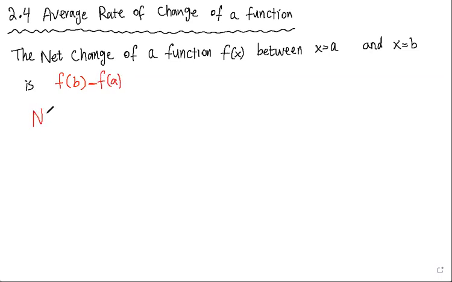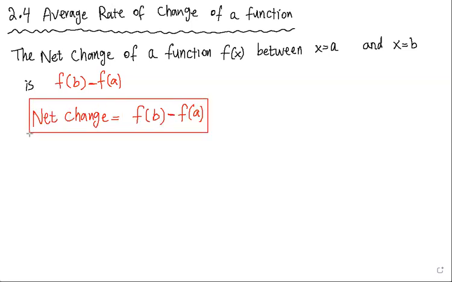So the net change, this is the formula, is given as f of b minus f of a. So this is the first formula. It's called net change of the function between 2 points.